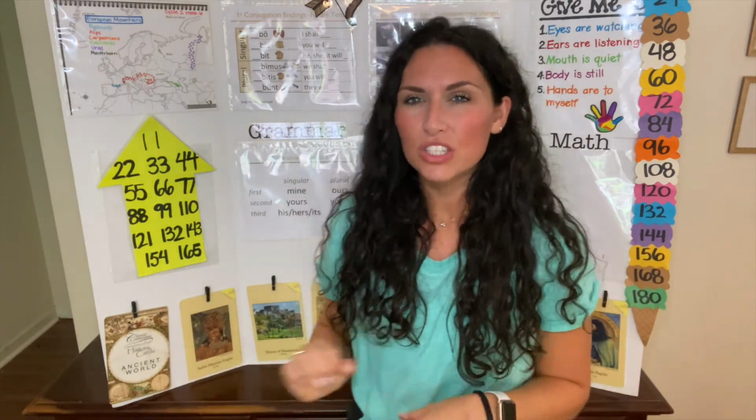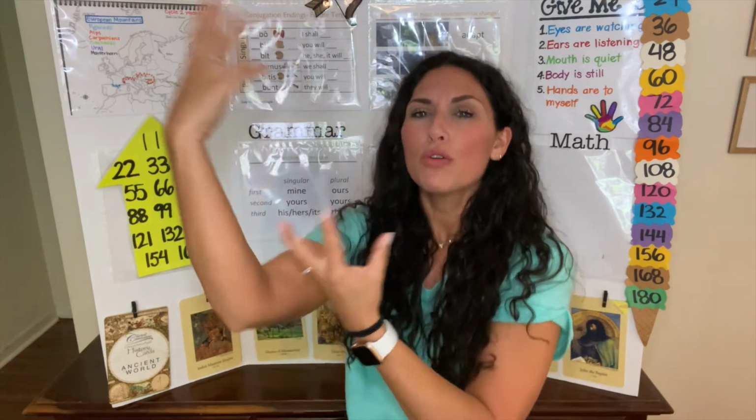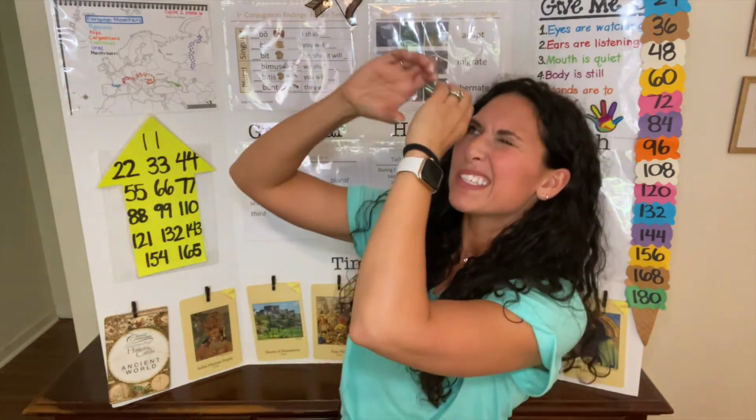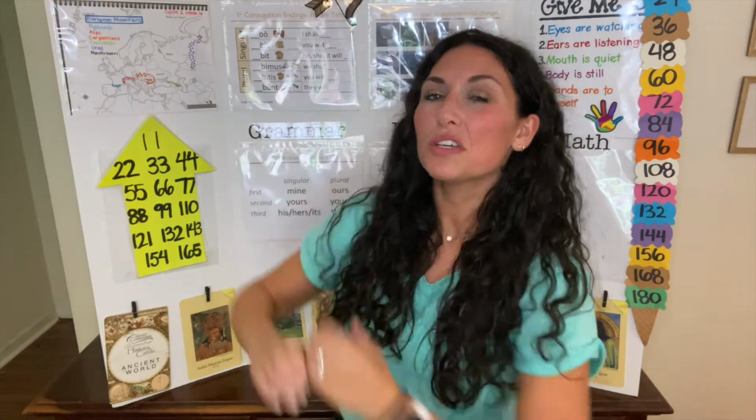Shakespeare was a famous playwright. Michelangelo was a famous artist, and Copernicus was a famous scientist. During the Renaissance period, from 1350 to 1600.